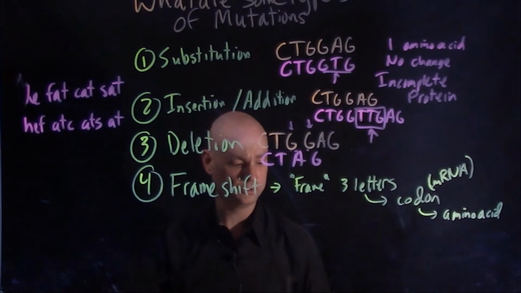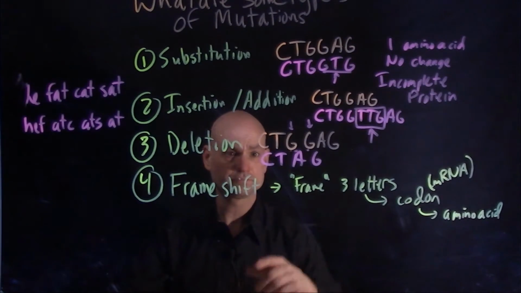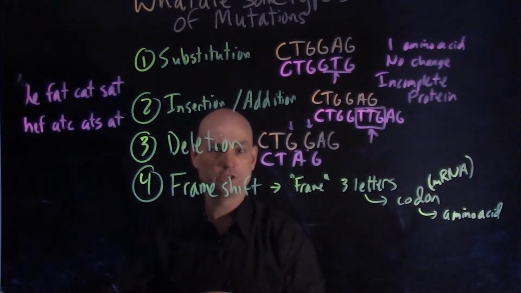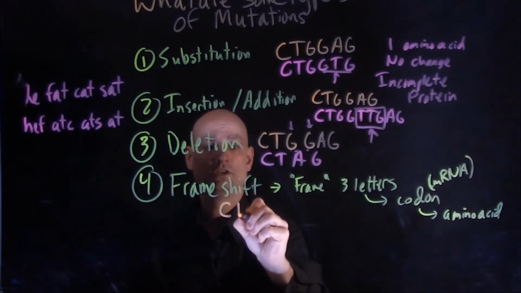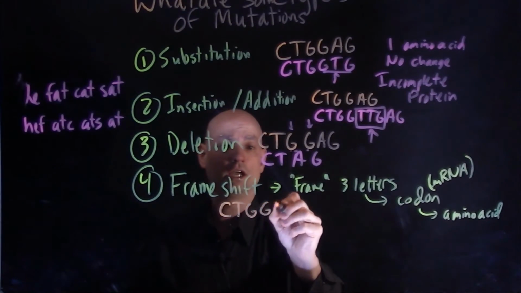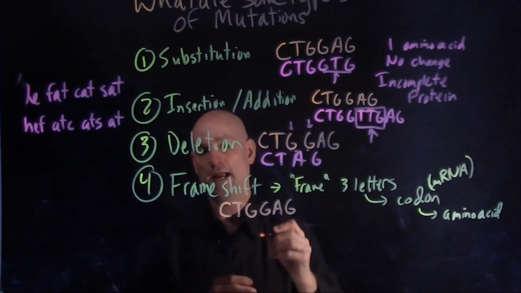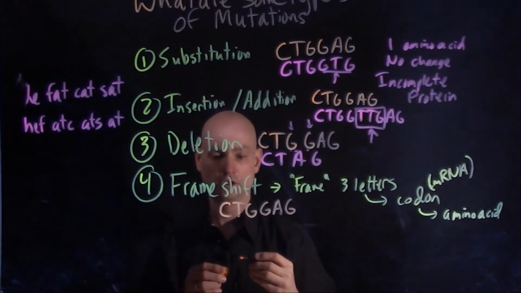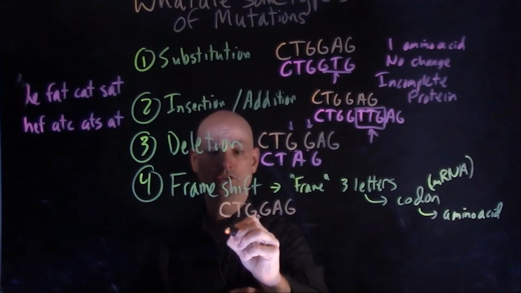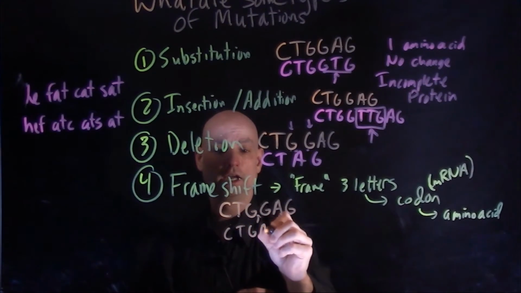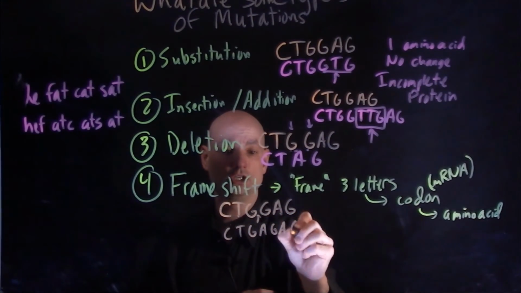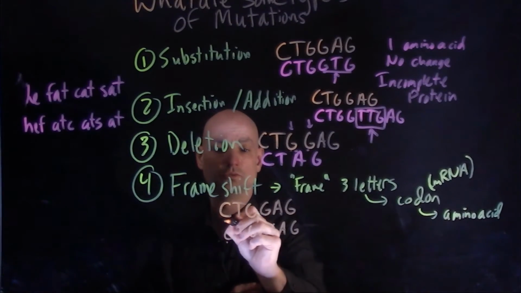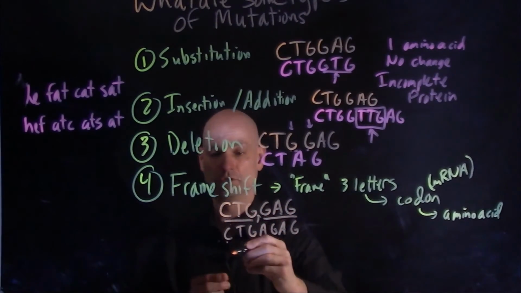So if we were to change our sequence, let's take our normal here, CTGGAG, and we add an extra base in there. If we go CTGAGAG, well now, here's one amino acid, here's the second amino acid.